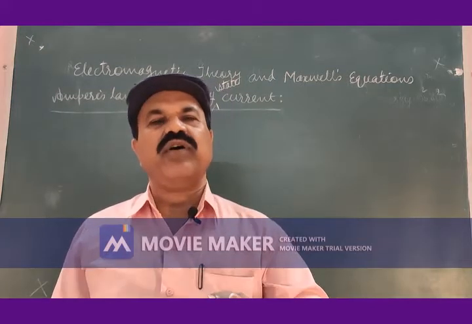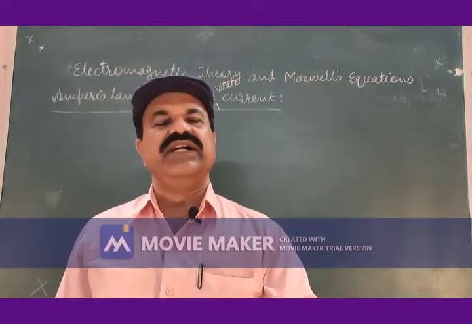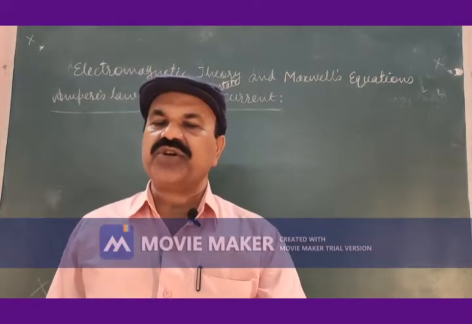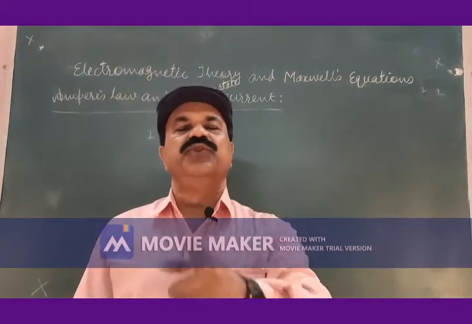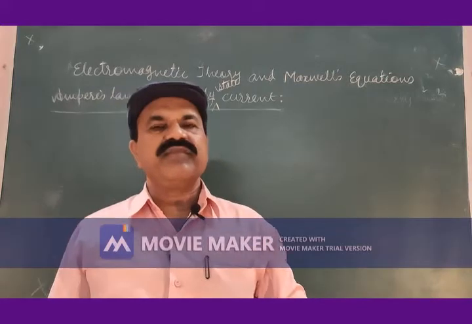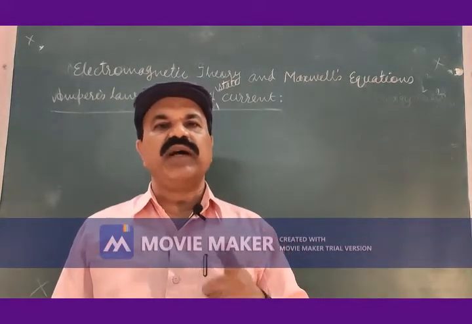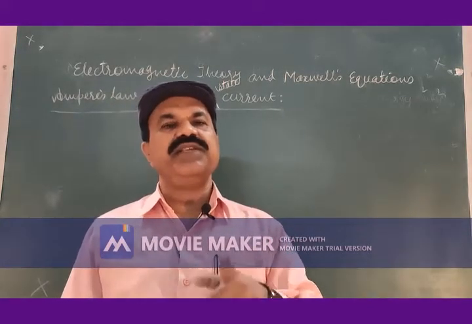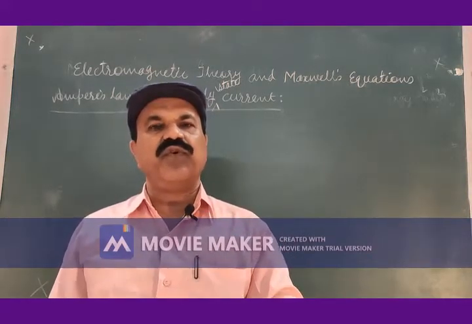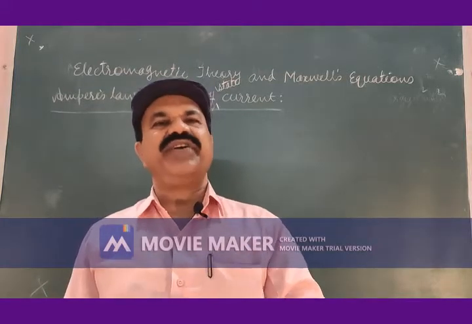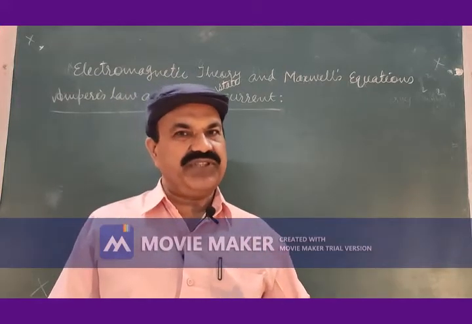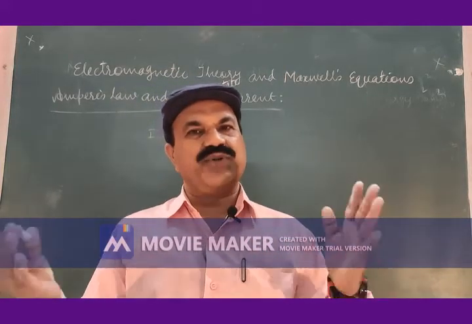The direction of flow of current through a conductor is always opposite to the direction of flow of electrons or negative charges through the conductor. We have to keep these things in mind about the current.